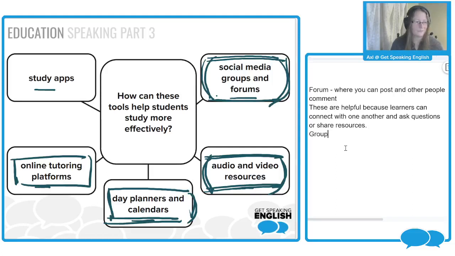Also, groups can be a useful source of motivation and support for students. So here motivation is basically the state or the idea of being motivated to do something.